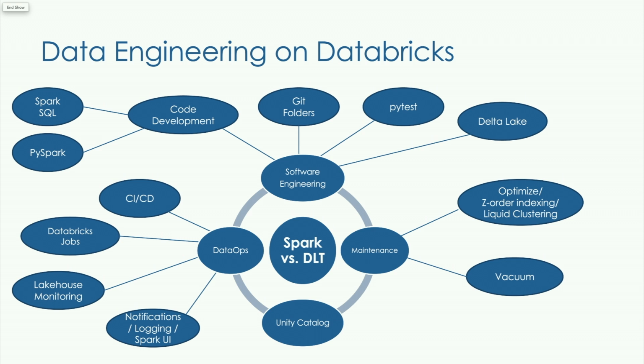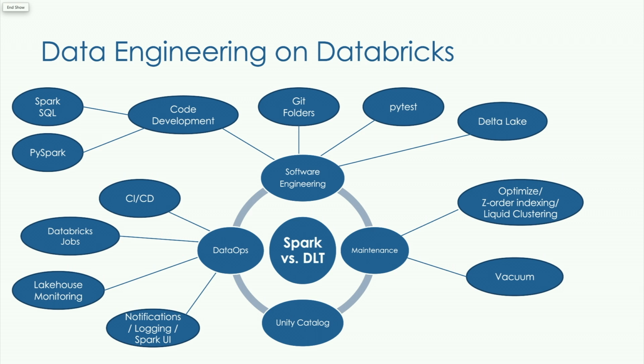When talking about software engineering, we need to master code development again, and here we need to learn PySpark, where we use the Spark engine in Python, using PySpark data frames. You also need to work with Spark SQL to work with the data in Spark.